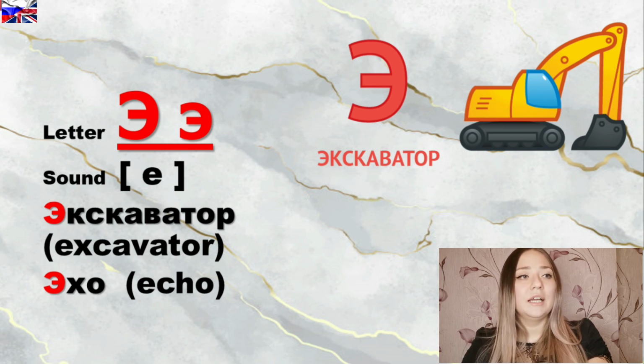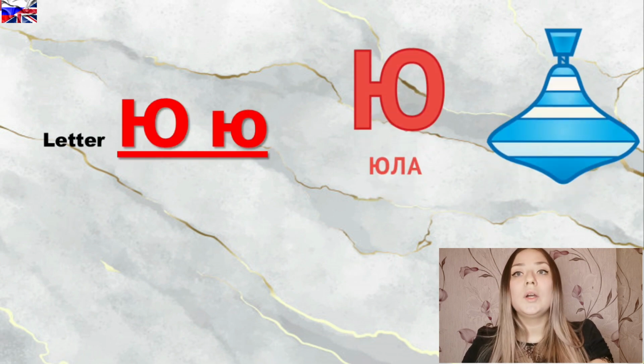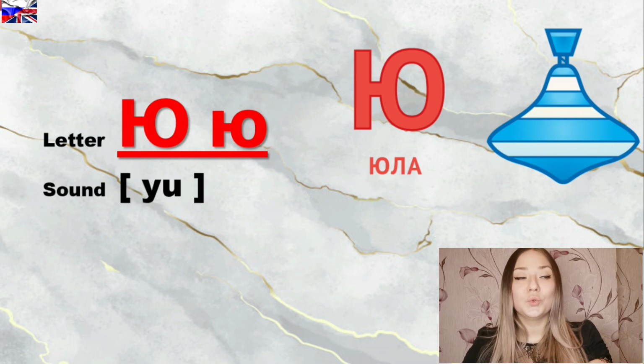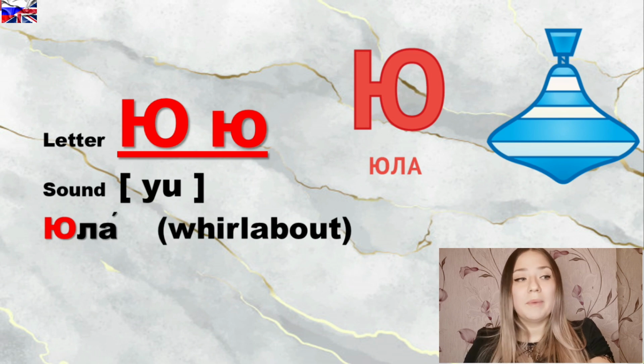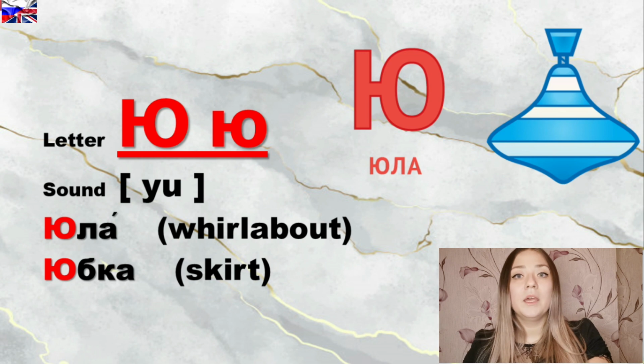Very good. Let's look at this one. Letter Ю, sound yu. For example, the word whirligig is юла. And the word skirt, юбка.